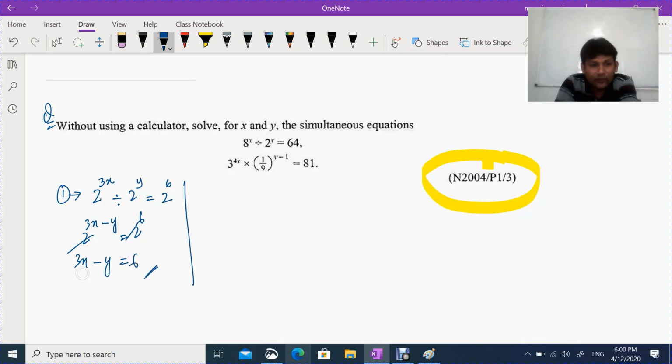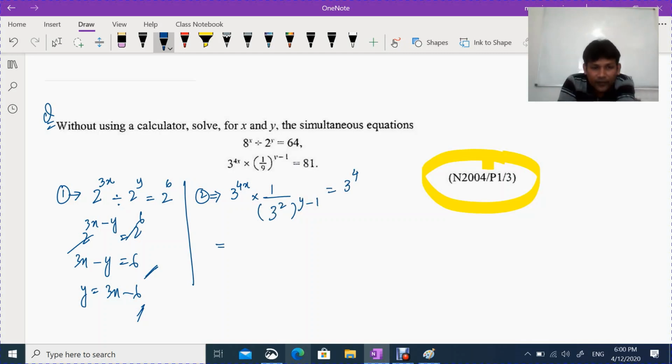Moving to the second, you can make y the subject: y is equal to 3x minus 6, which is up to you. The second equation is 3 power 4x. You can write it multiplied by 1, and 9 will become 3 power 2, and the whole power is y minus 1, and 1 will become 3 power 4. All the bases are 3.